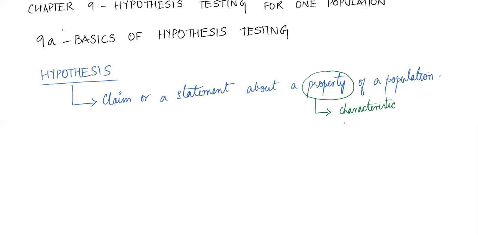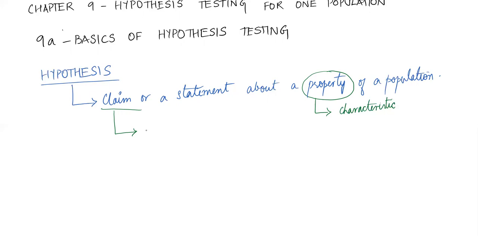What is the characteristic? Well, again, we can't make it subjective. We have to understand the population in numerical measurement terms, right? So let me come here to the claim. There are three popular ways of making claims.